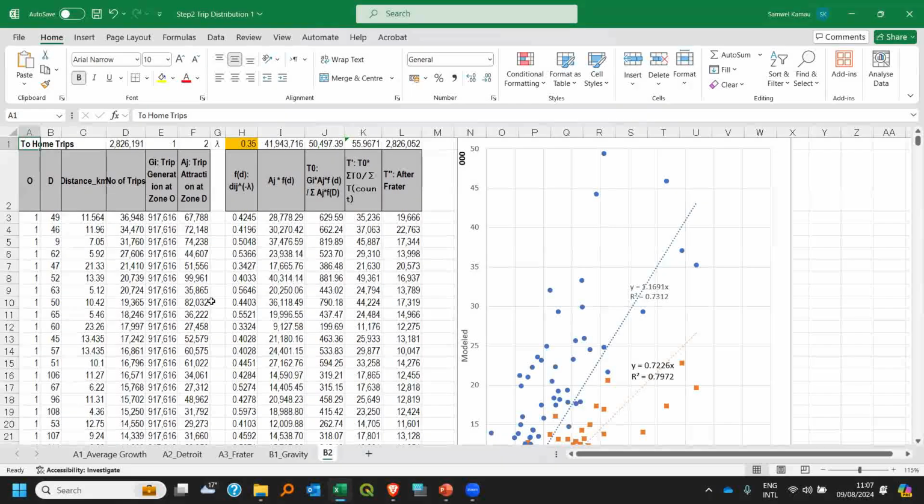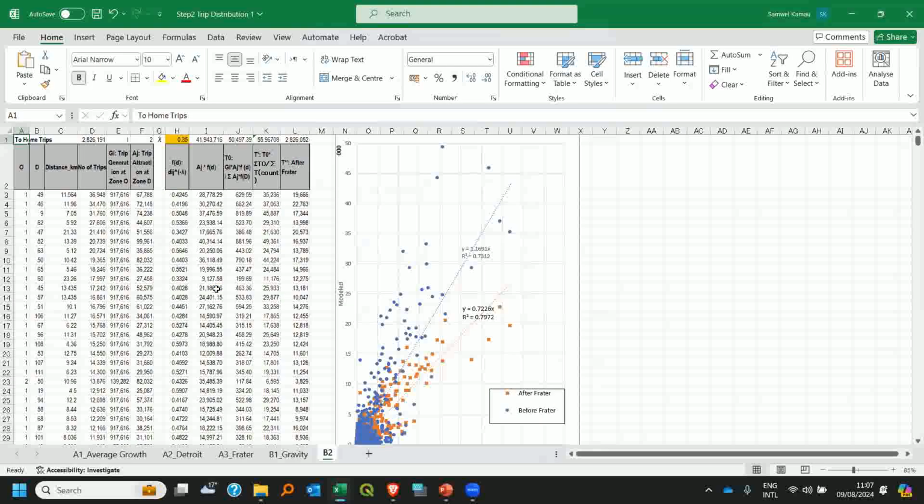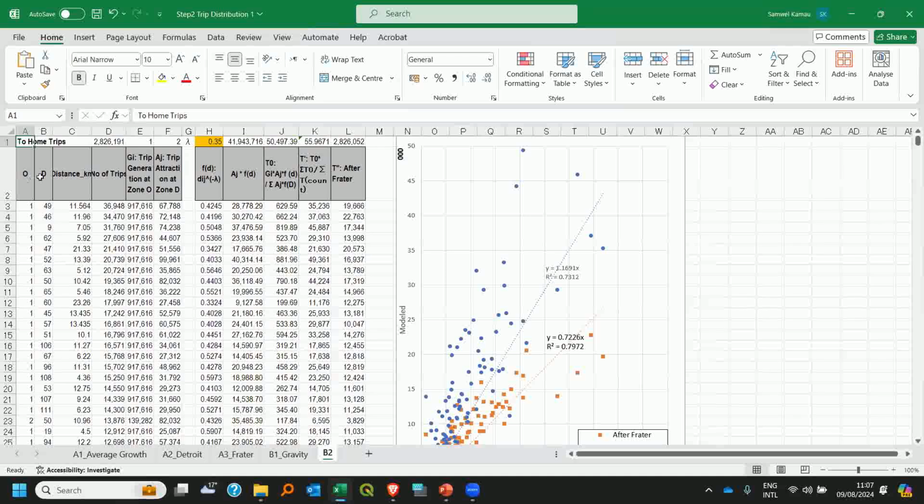This one is the actual OD table from this project. O means the origin zone. D is the destination zone. And C, distance in kilometers, is the distance between zone 1 and zone 49.